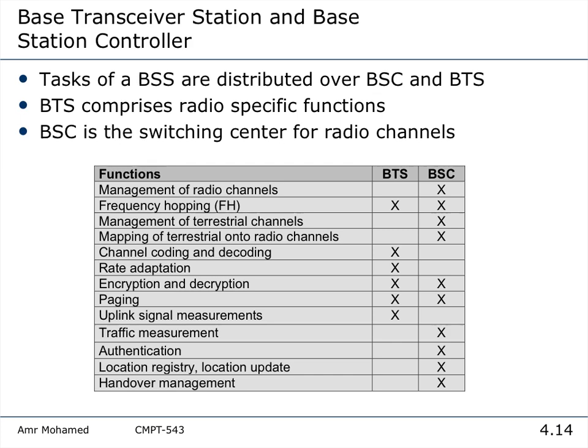In the core network, we talked about the mobile switching center and the operational subsystem. We'll see this in the architecture. If you remember last time, we talked about these components in GSM, right? So all of these functions go through the base station controller to the core network. Location registry here and location update.